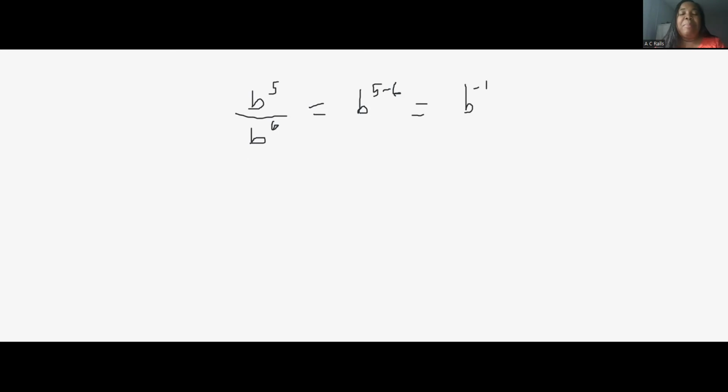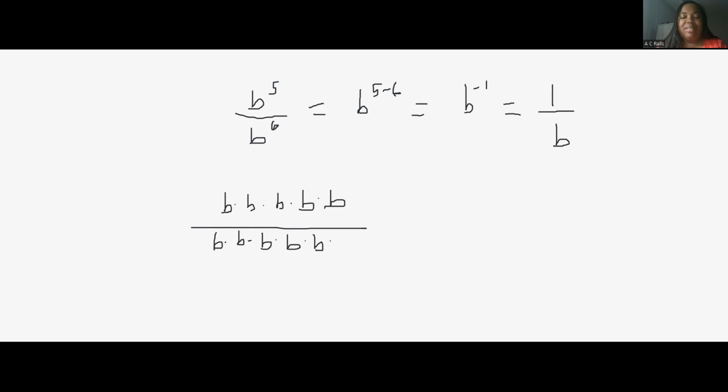But what does that even mean? What does that look like? This is technically 1 over b. So before you say, huh? Let us take a look at what that would look like in expanded form. Expanded, I would have b times b times b times b, and I would divide it by b times b times b times b times b, all of these b's.